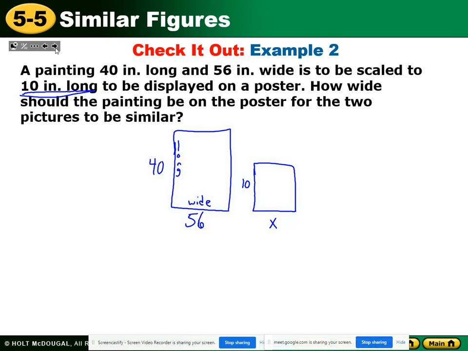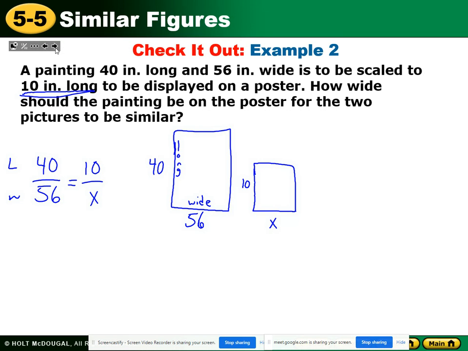How could we set this up then here? 40 over 56 and 10 over x. 40 over 56. So we did long over tall and 10 over x. We did long over wide. We did long over wide. Both fit, right? She did a good job.